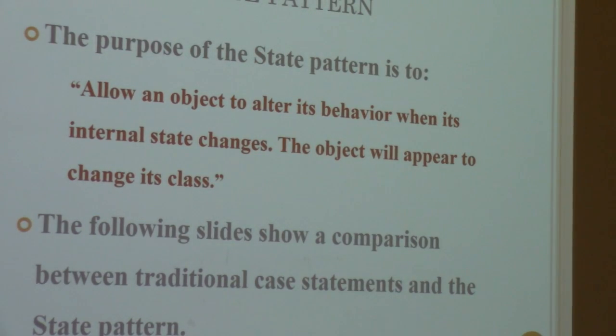So that's our last design pattern, the state design pattern. Why use it, or what is a state design pattern? It allows an object to alter its behavior when its internal state changes. The object will appear to change its class.